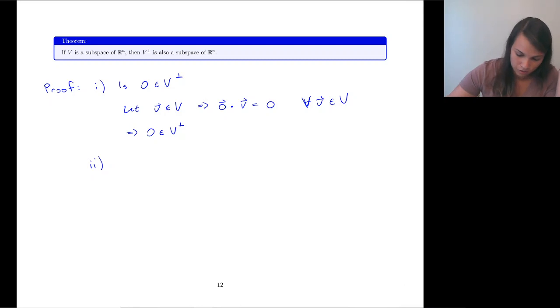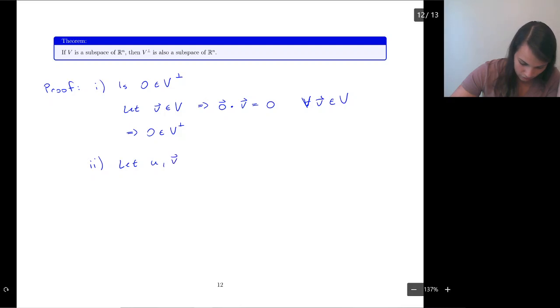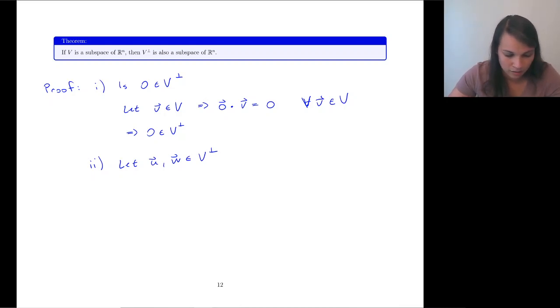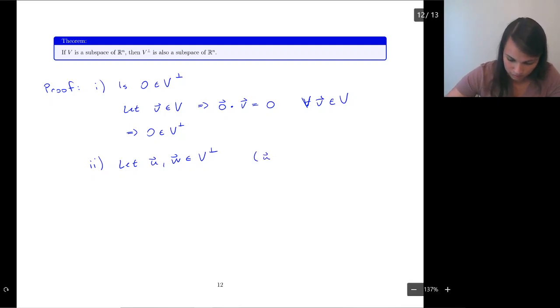Okay. So now we're going to assume that we have two vectors, U and W, that are in V perp, and we want to know if their sum is going to be in V perp.